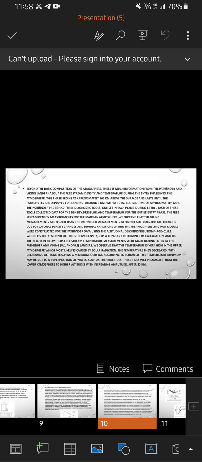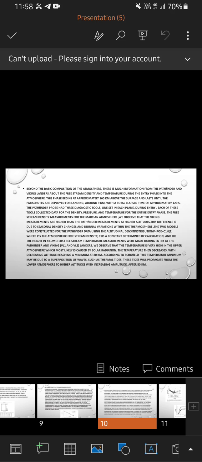This phase begins at approximately 160 km above the surface and lasts until the parachutes are deployed for landing at around 9 kilometers, with a total elapsed time of approximately 120 seconds. The Pathfinder probe had three diagnostic tools, one set in each plane. During entry, each of these tools collected data on the density, pressure, and temperature for the entry plasma.